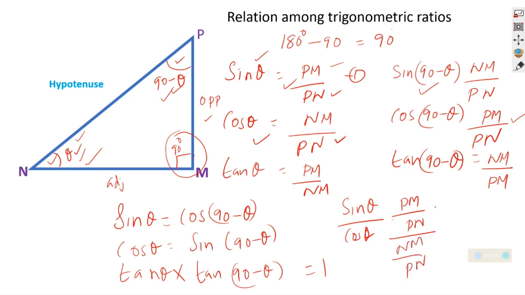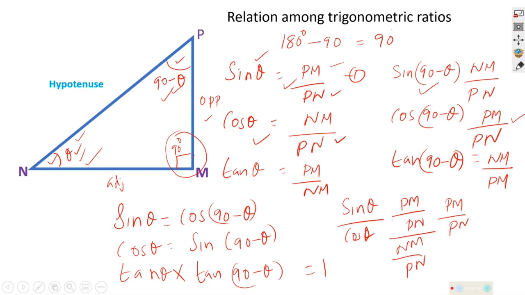That means we have to multiply by the inverse of it: Pm upon Pn into Pn upon Nm, and we will see that this will get cancelled. Naturally it will become Pm upon Nm. What is that?